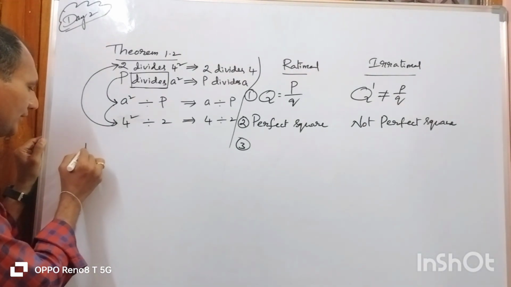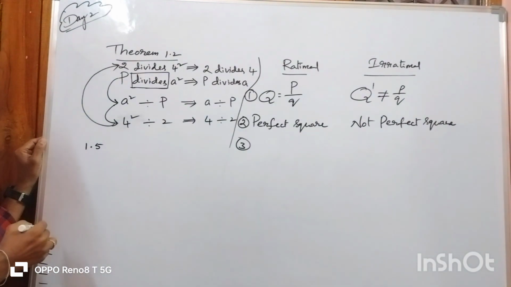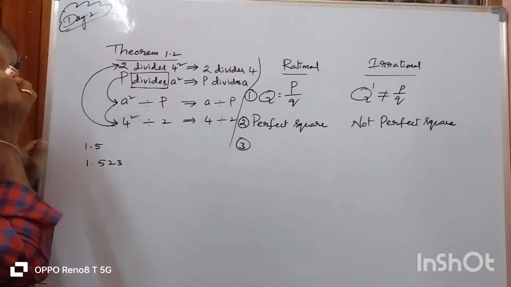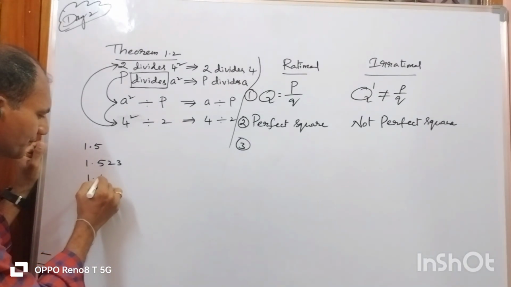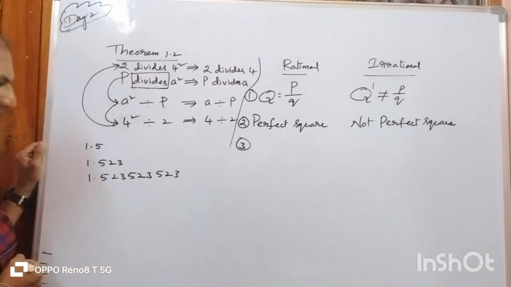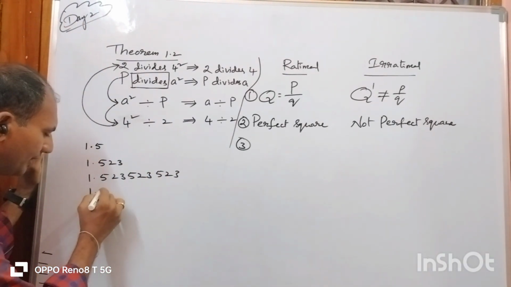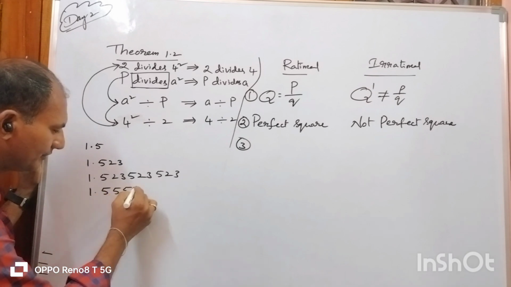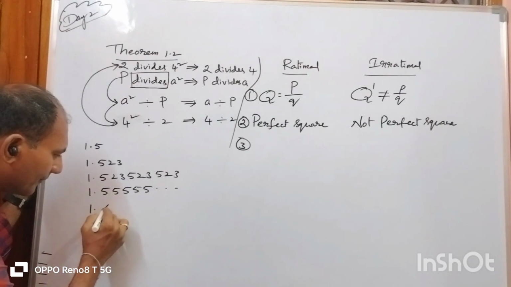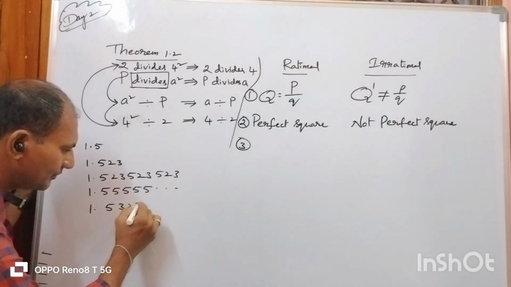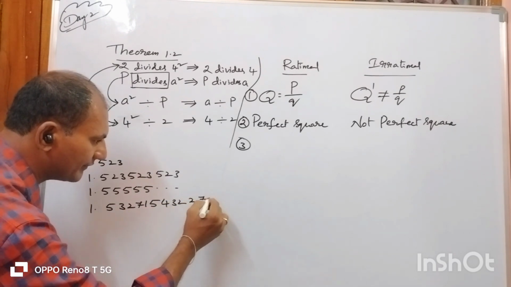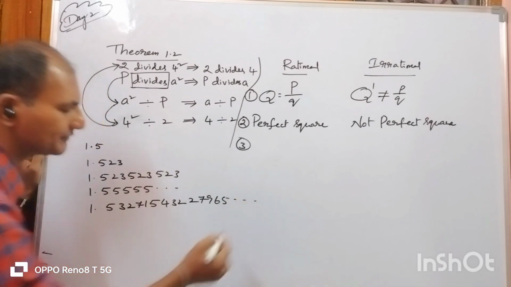Suppose 1.5, 1.523, 1.523523523, 1.5555 and so on, and one more, 1.5327154322796 and so on.